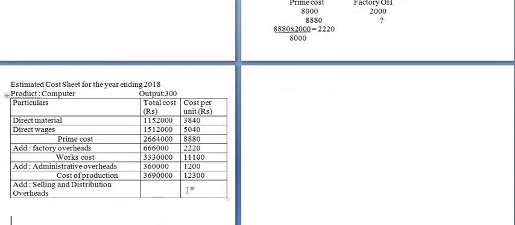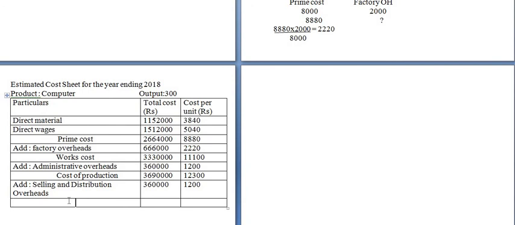So here you can write 1200 because I have told it will remain the same. Now 1200 into 300 computers. So you will get 3,60,000. Okay. Yes. Now this will be called what?